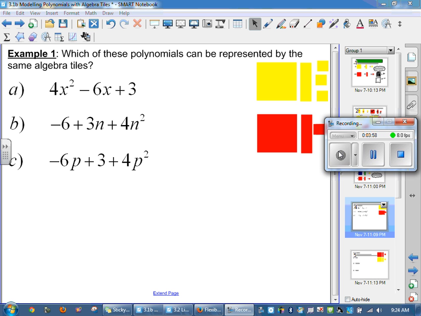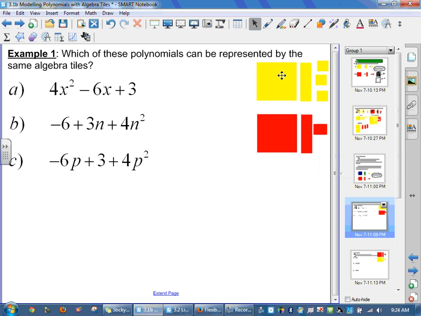So, for example, on the first one, letter A, if I were to draw letter A, I would have 4 big yellow boxes. So here's letter A. I have 4 big yellow boxes. Let's try and find out in B and C. Do I get 4 yellow boxes out of B and C?